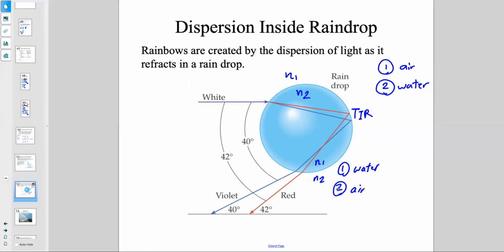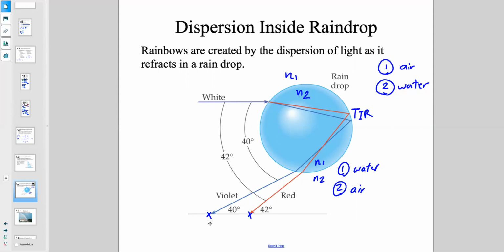That's why you have a huge difference between the position where the red light will land versus where the violet or blue light will land. So it will land right here, and this one will land right there, okay?